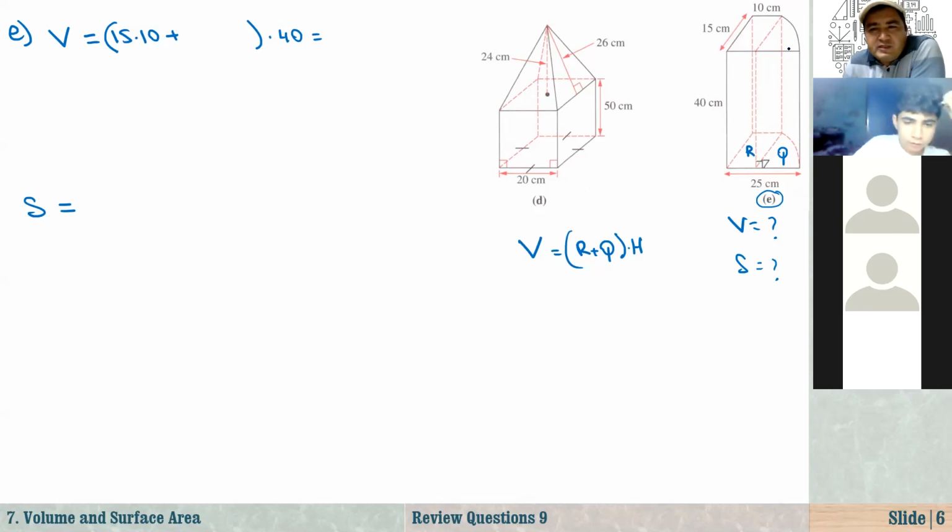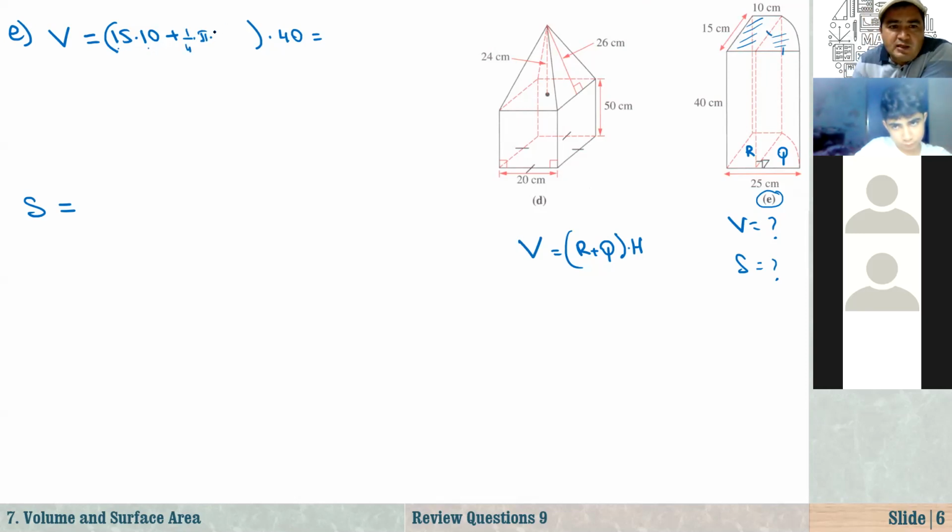Yeah, here the idea is very simple, right? To find the volume, the cross section at the top is this rectangle plus the quadrant, right? And how do you find the area of the rectangle? Just 15 times 10. And how about this quadrant? That is 1/4 times pi r squared, the area of the circle. And what is the radius? This one is 15, and this should also be 15, right?